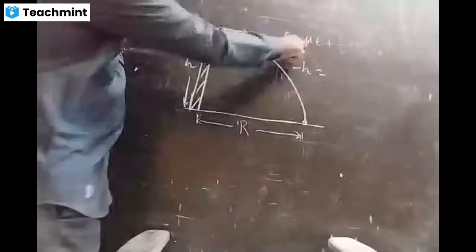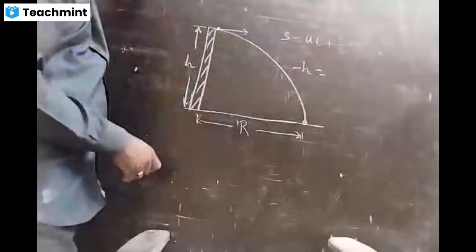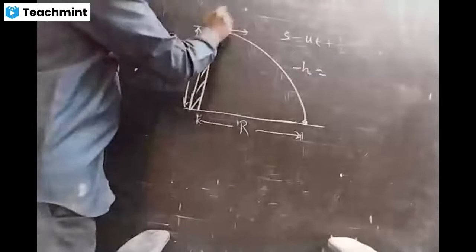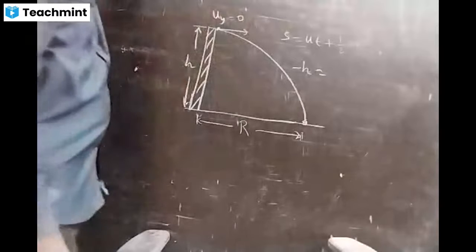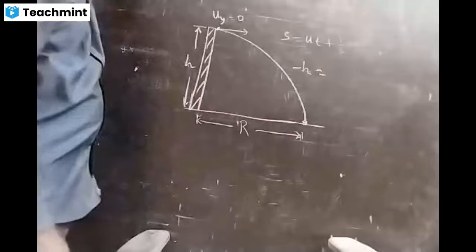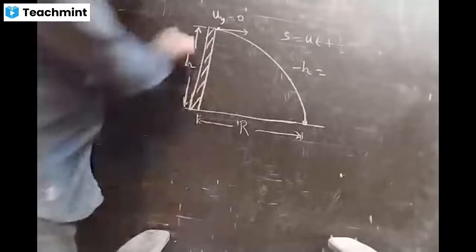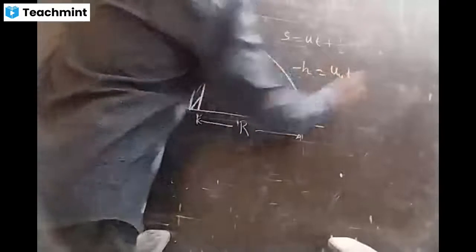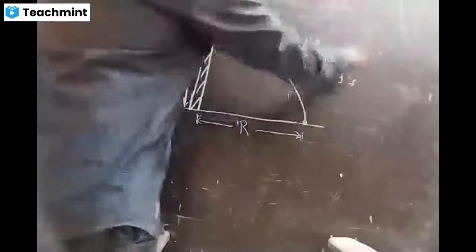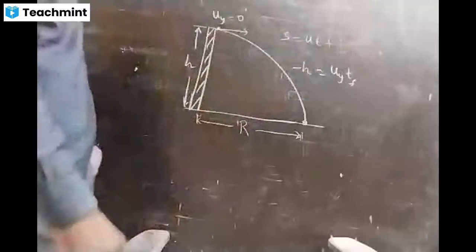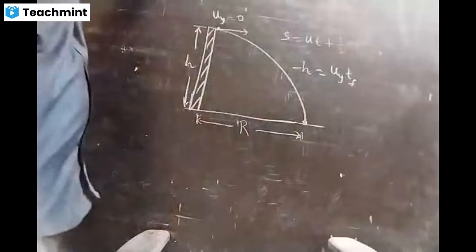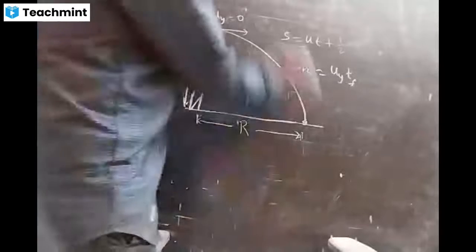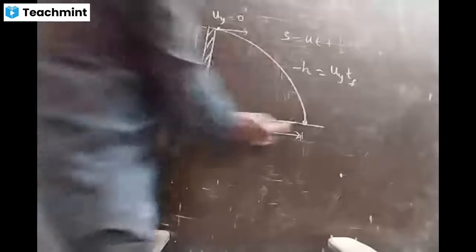In place of u, along the vertical direction, what should I write? Uy. But uy is equal to 0, because it is going horizontally. So uy into t, time of flight. What is the value of acceleration? Minus g, because along the vertical direction we take minus g.